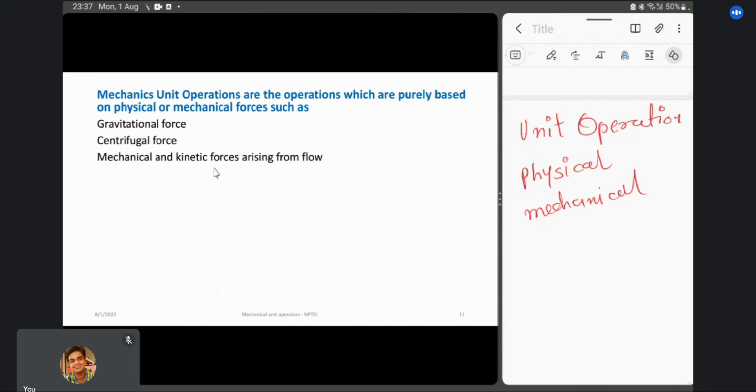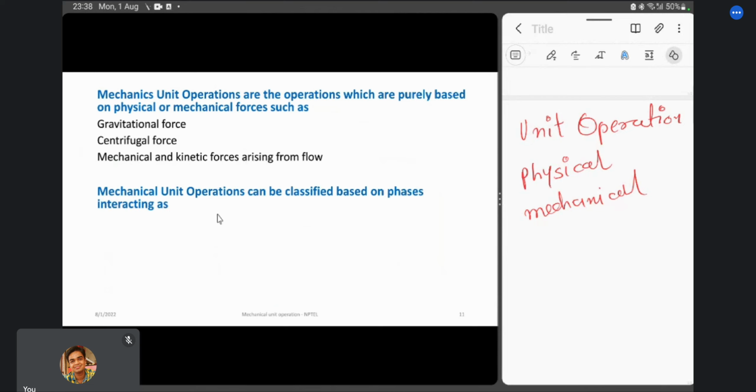Whenever we are using gas-liquid or solid-liquid materials, we always need to understand the kinetics and mechanical forces, such as how the shear force and viscosity behave, and whether different laws of physics are followed or not.